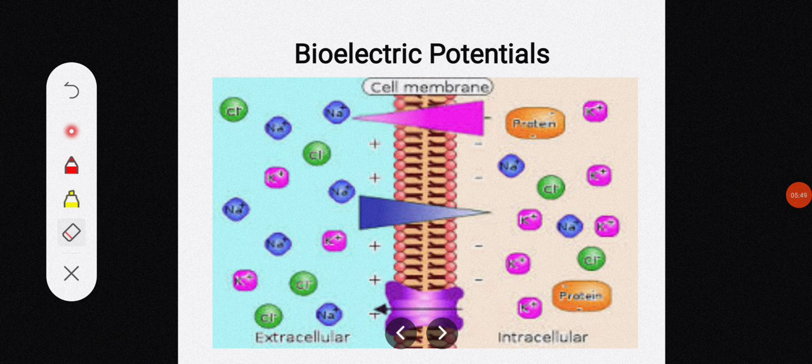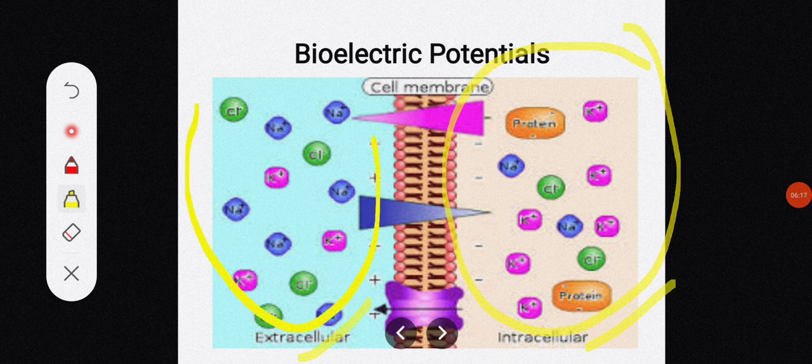So these special types of cells are encased by a semi-permeable membrane. The fluids inside this membrane are called the intracellular fluid, whereas the body fluids outside the membrane are the extracellular fluid. Now these fluids are conductive in nature.